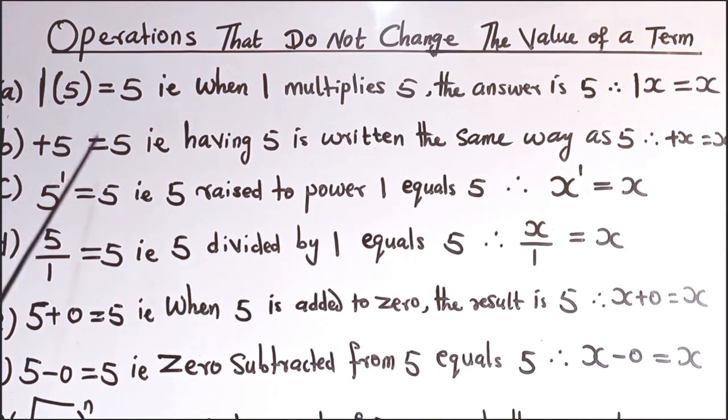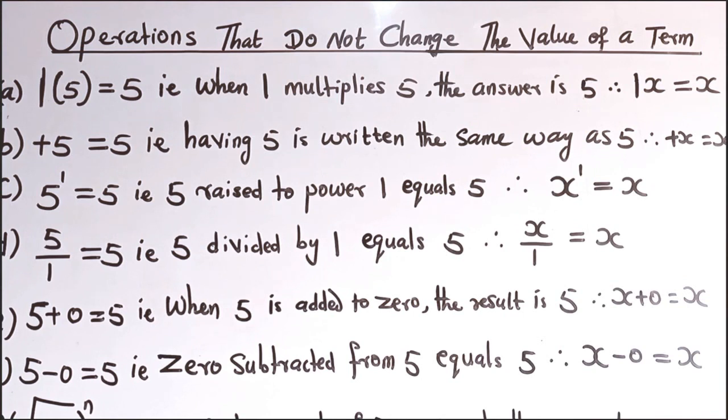Therefore, plus 5 is equal to 5. If you just see 5 without a sign in front of it, it actually means plus 5. That is, having 5 is written the same way as 5.